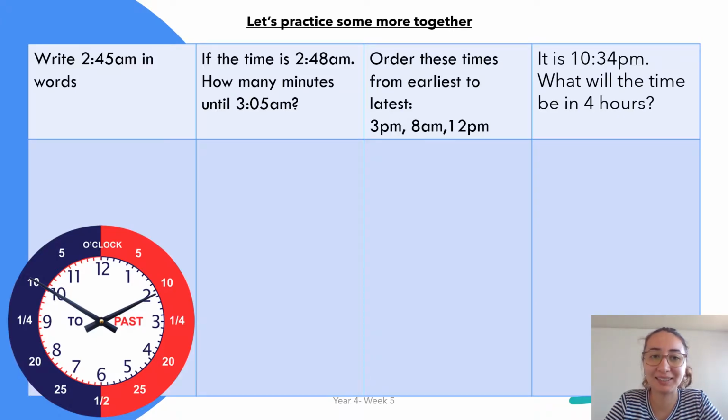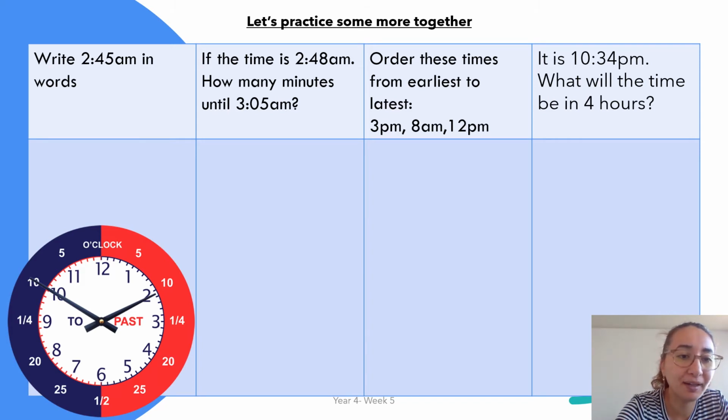Now we're going to practice some questions together where we will be using AM, PM and our understanding of time. Our first question, now bear with me because I can't type my answer in, so I'll have to write. Write 2:45 AM in words. Using, like I said, you can say it out loud.